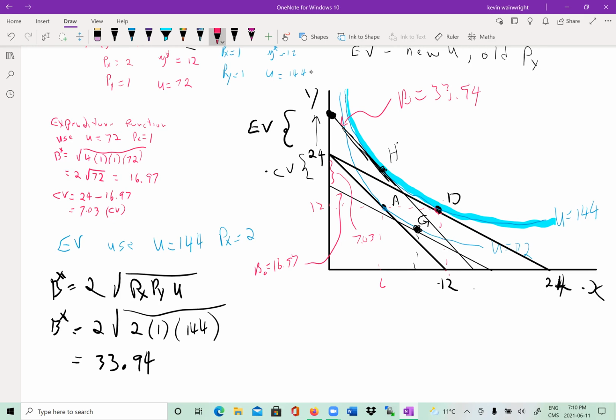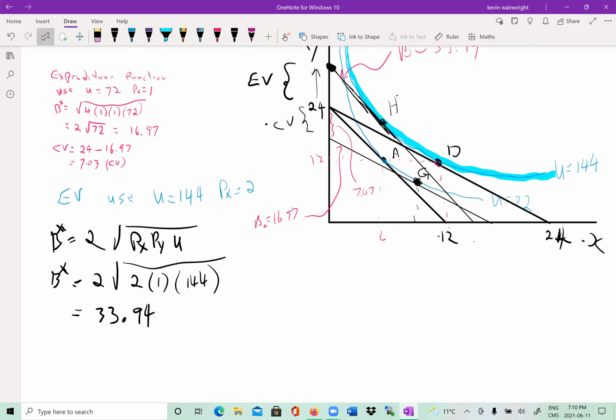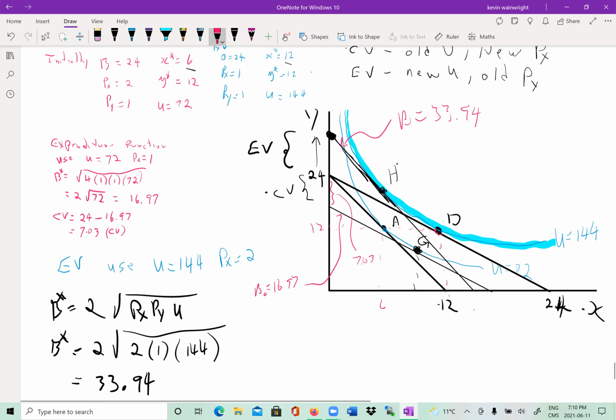And in order for me to get there, I needed to get my EV, which is going to be 33.94, that's the new budget, minus the original budget of 24 equals 9.94 extra dollars. And that would move me from point A to point H.